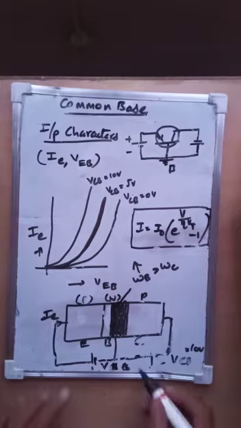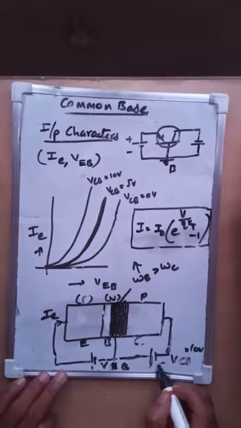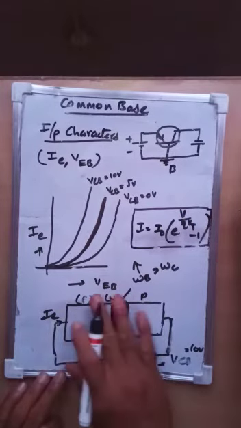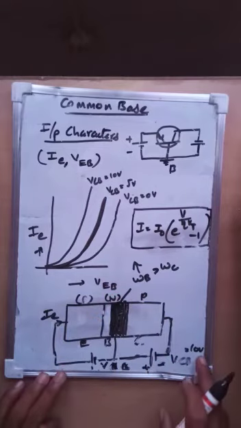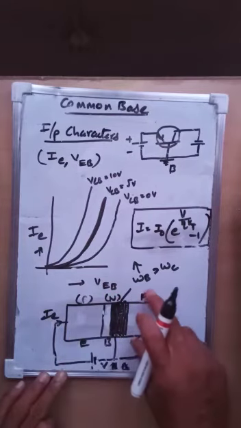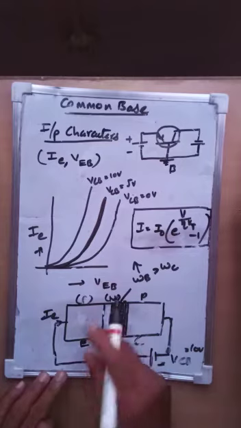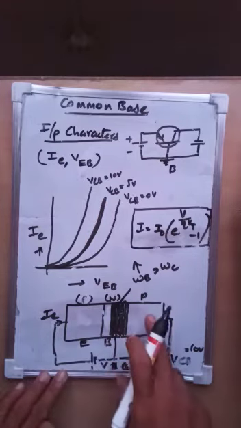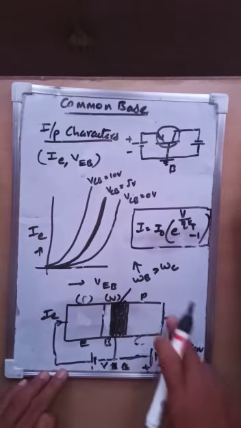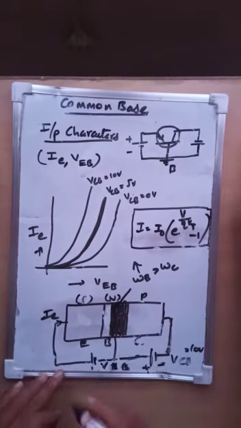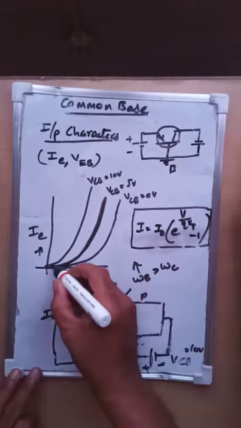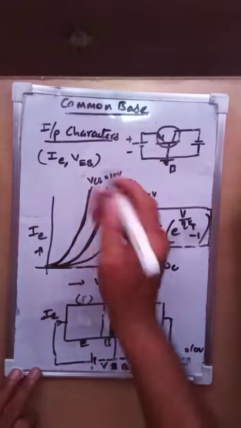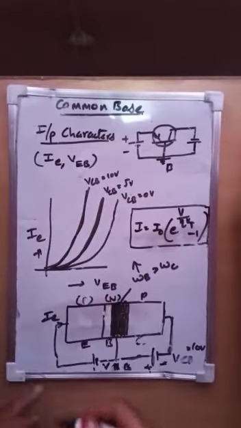So when VCB is equal to 10 volts, a huge amount of current is transferred, because now 19 holes are there. That means the slope increases.